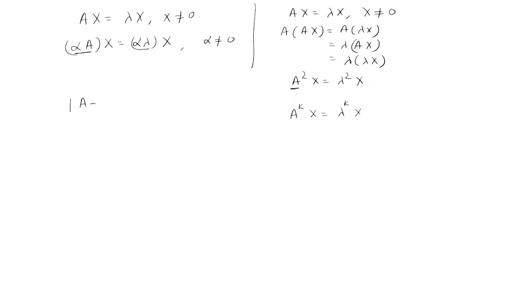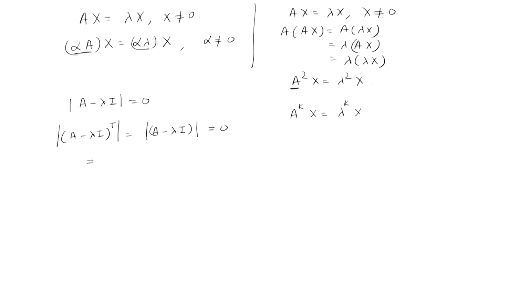Now, the next property is that A and A transpose both have the same eigenvalues. That is very easy to show. The eigenvalues of A are given by this expression: determinant of A minus lambda I equals 0. The determinant of the transpose of this matrix is the same as the determinant of this, because interchanging rows and columns will not change the value of the determinant.